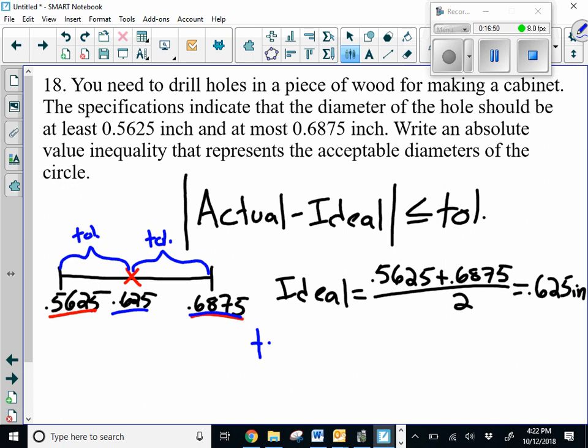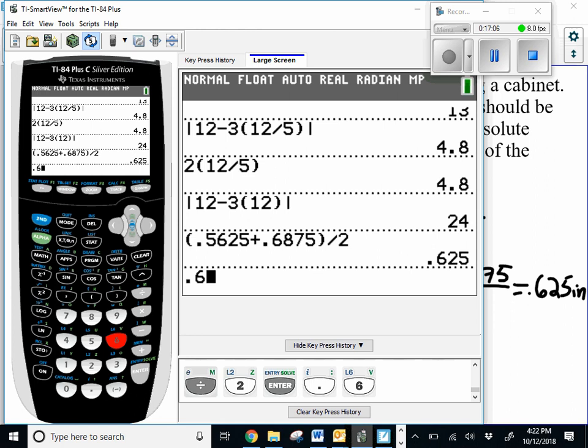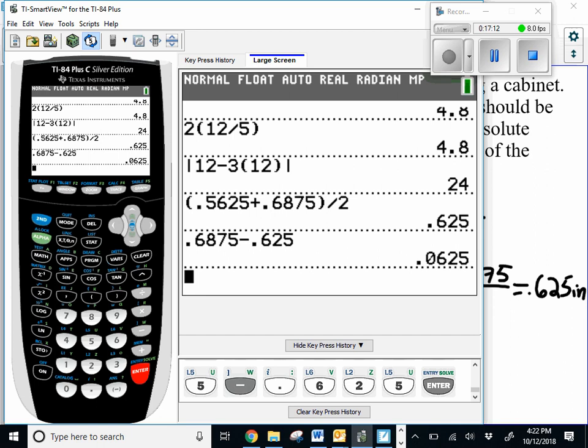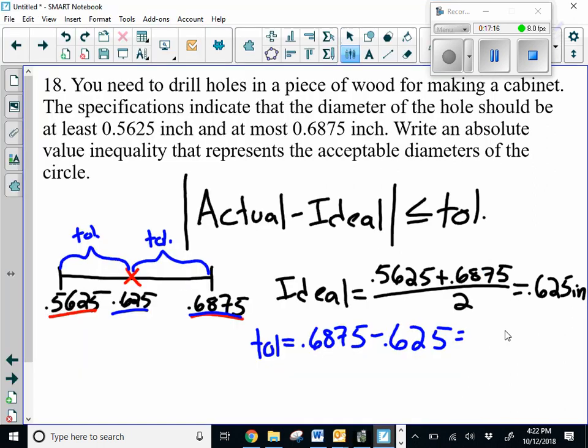So our tolerance would be our highest amount, 0.6875, minus our ideal, 0.625. So our tolerance is going to be, let's go to the calculator, 0.6875 minus 0.625, 0.0625.